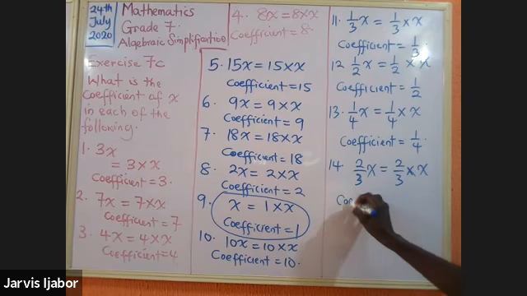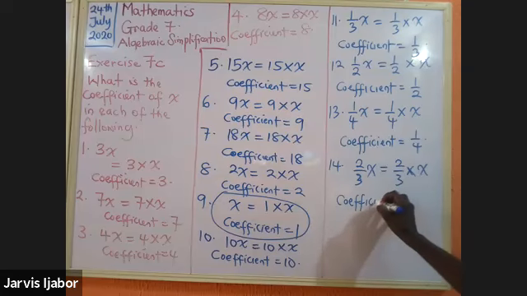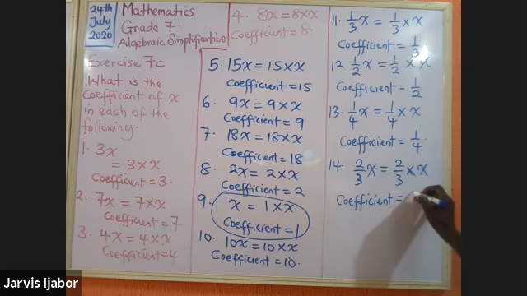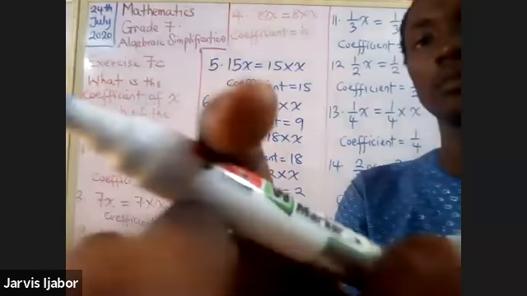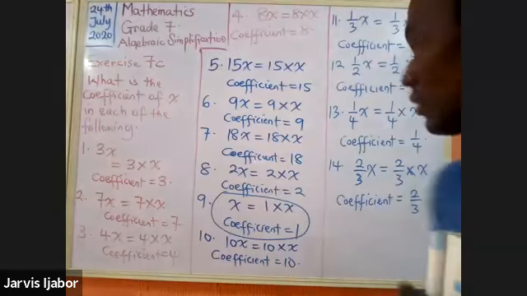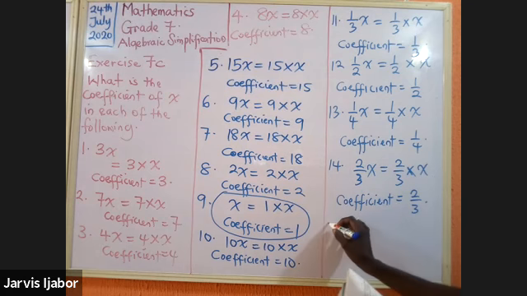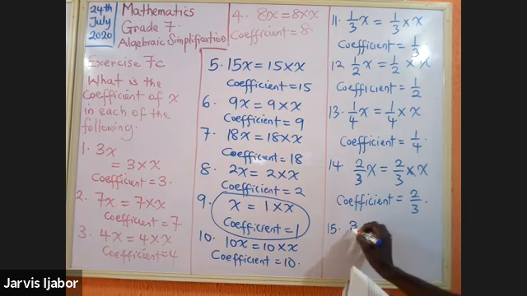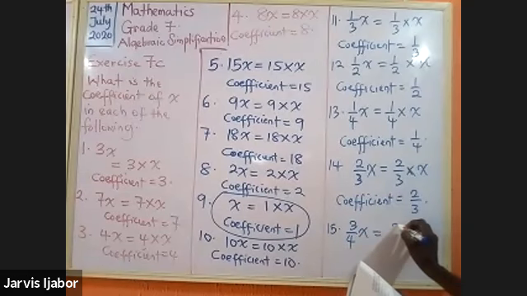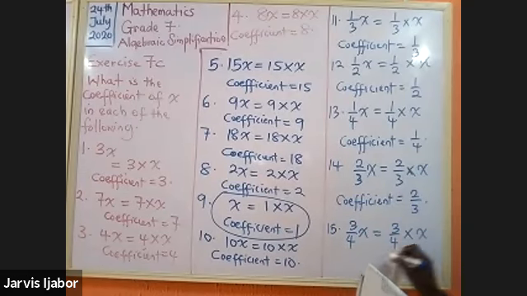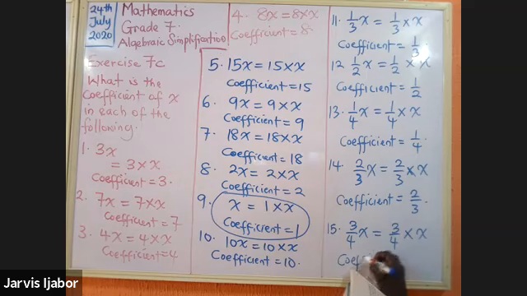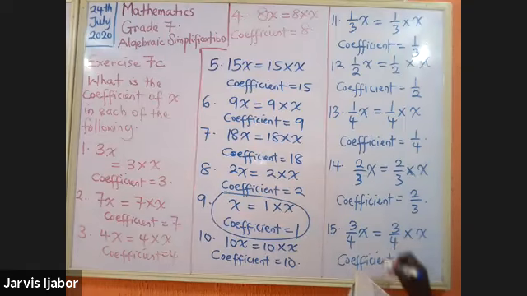So coefficient will be equal to 2/3. So that's the last one for, okay, number 15. 3/4x will be 3/4 times x. So coefficient will be equal to 3/4.